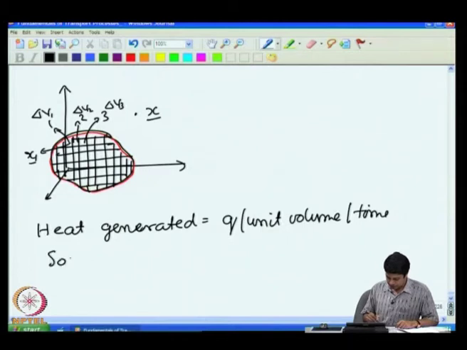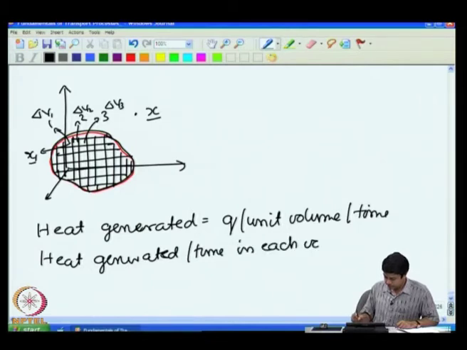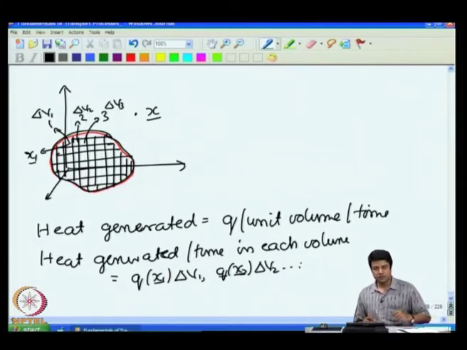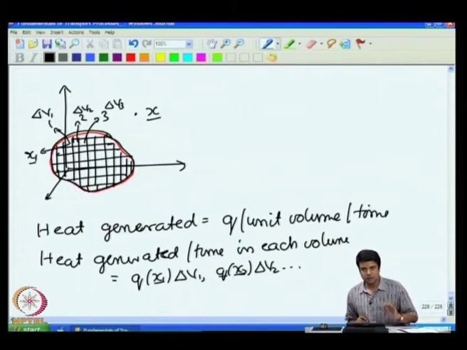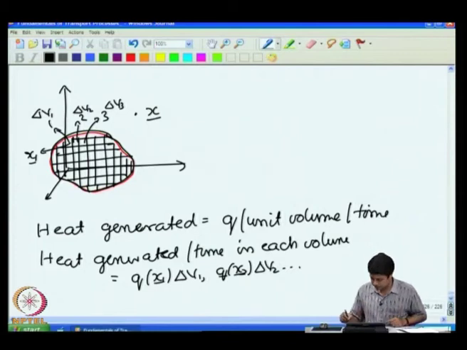The heat generated per time in each volume is equal to Q at the location x 1 times delta V 1, Q at the location x 2 times delta V 2, etc. The respective heat generated at that particular location times the respective local volume that I have divided into.